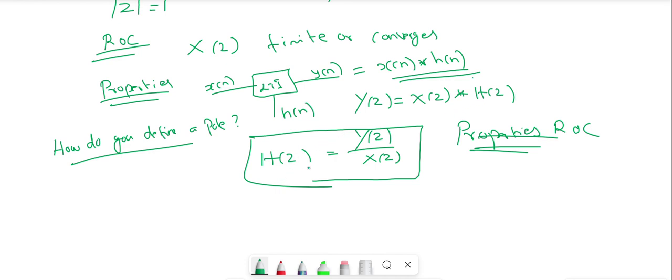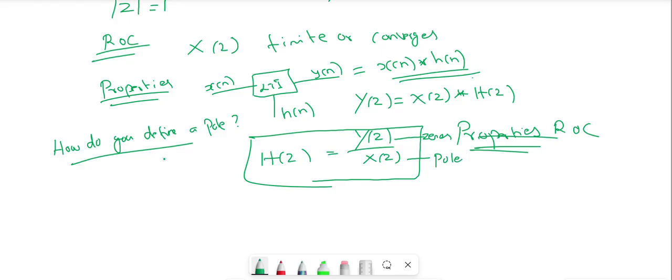The system function can be represented as a rational function, numerator polynomial by denominator polynomial. The numerator polynomial gives the zeros of the system and the denominator polynomial gives the poles of the system.